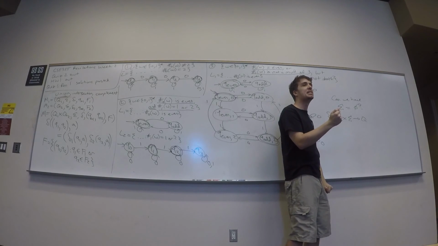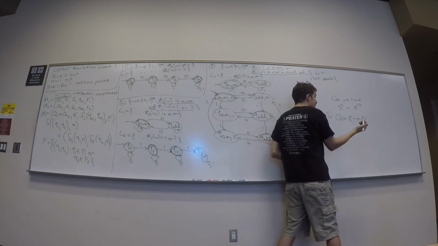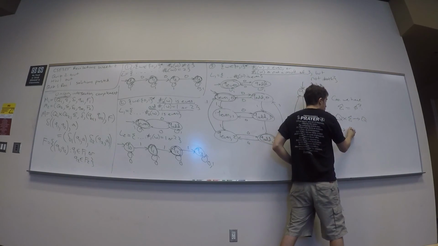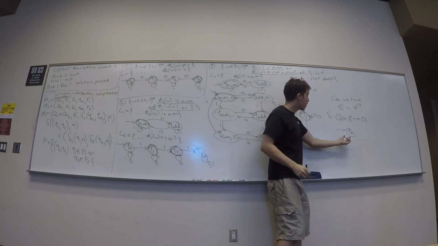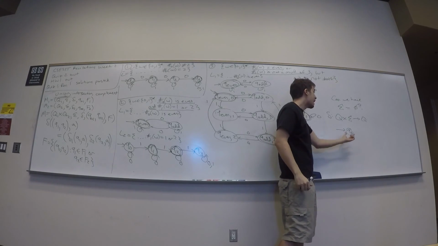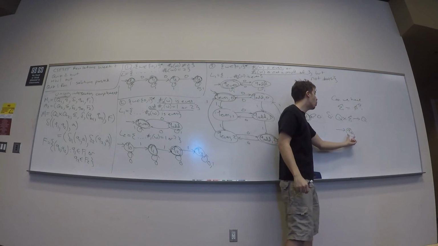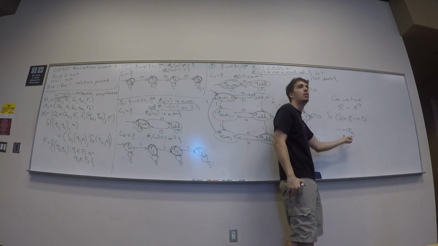So how many states can I have? Well, I have to have at least one. I may have more than that. But let's just say that we only have one state. So I'm going to call it Q0. Then, since I can't have any transitions, what are the possible DFAs that could happen here?